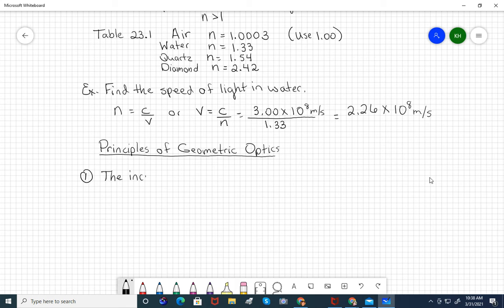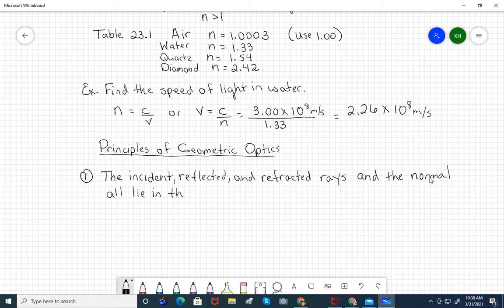The incident, reflected, and refracted rays and the normal, which is not a ray at all, all lie in the same plane.